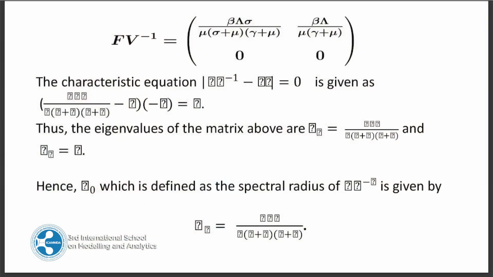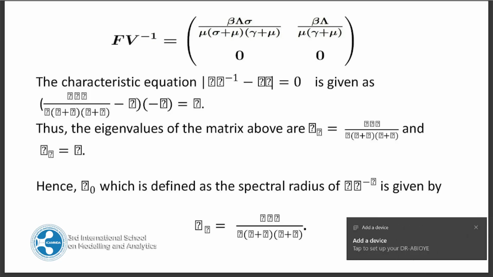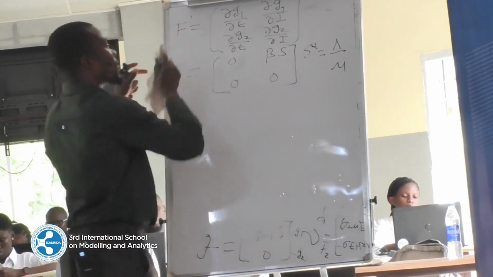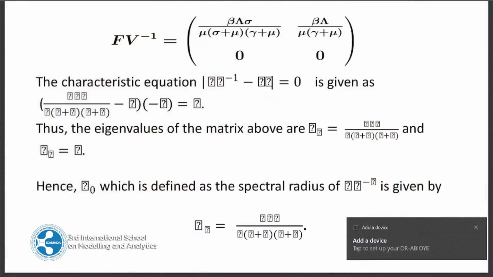So if we do that, we have the product of the F and V inverse matrices. Can we still remember how to find the inverse of a matrix? Okay. So if we find the inverse of the V matrix and find the product of the two, we are going to get what we have there. So if you have the result, please let me quickly copy that.